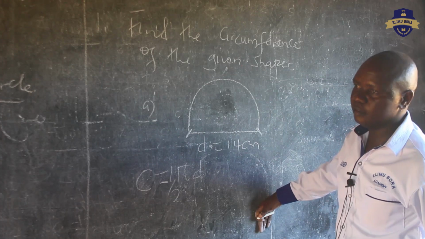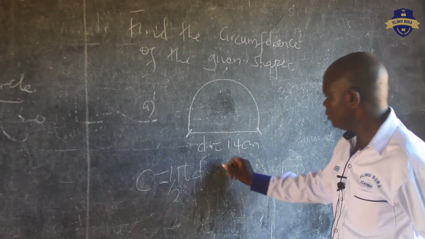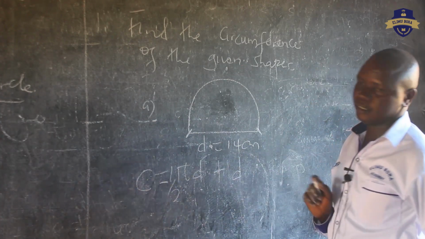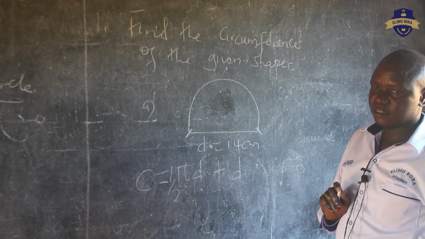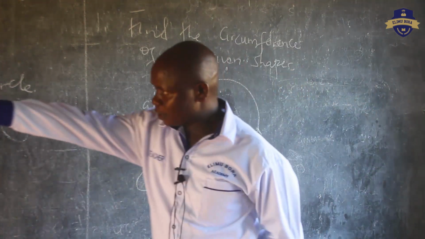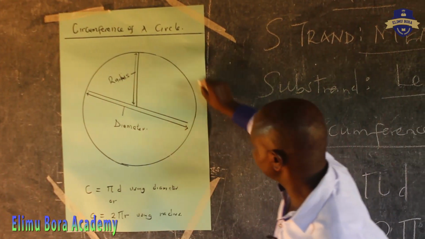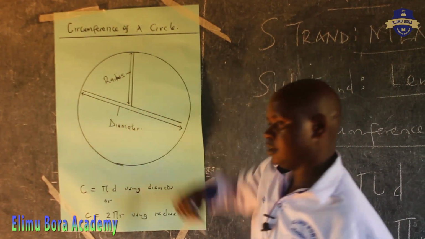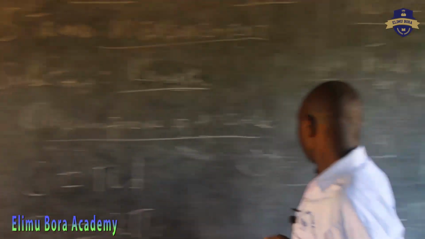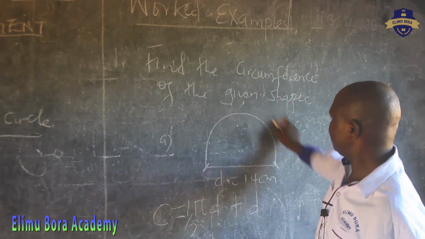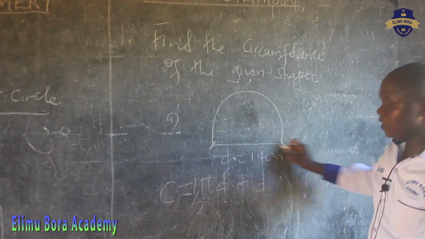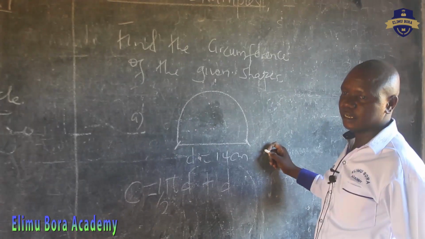It will be incomplete. We must add the diameter. Are you getting it? For a full circle we don't add the diameter, because you go around from here once. But what about this shape? You have the half circle plus the remaining part, which is the diameter.